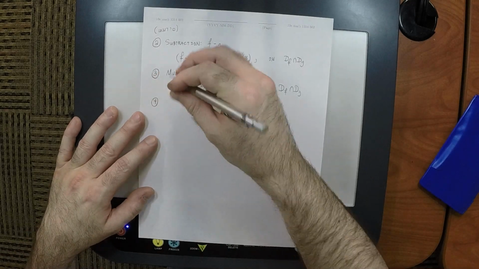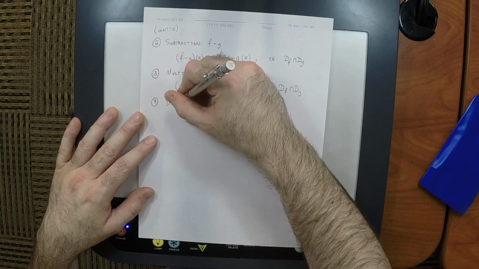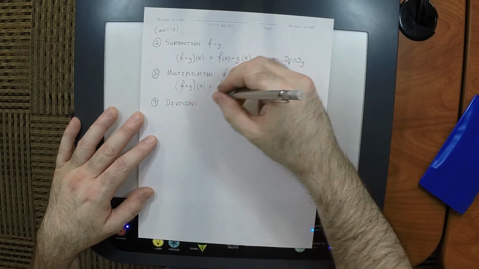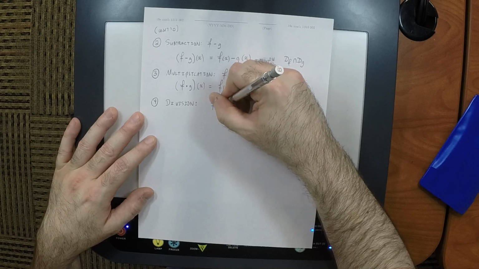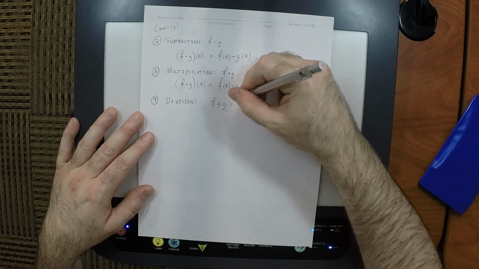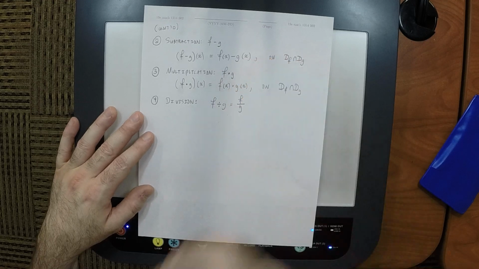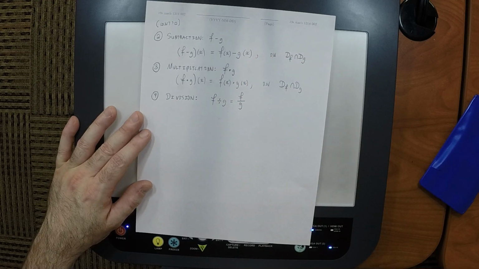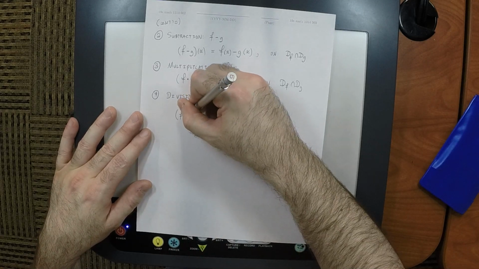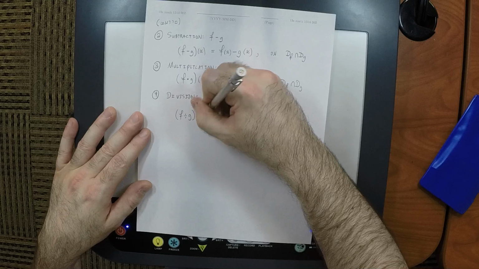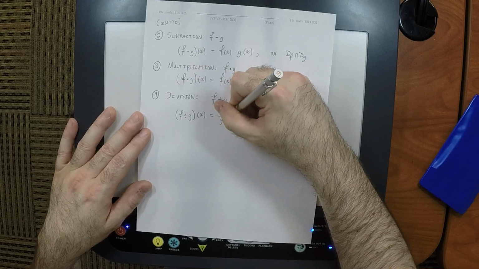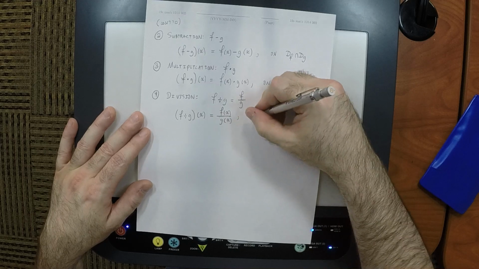And we also have division. So f divide g, which is also very commonly written like this. So f divide g evaluated at x is f evaluated at x divided by g evaluated at x.